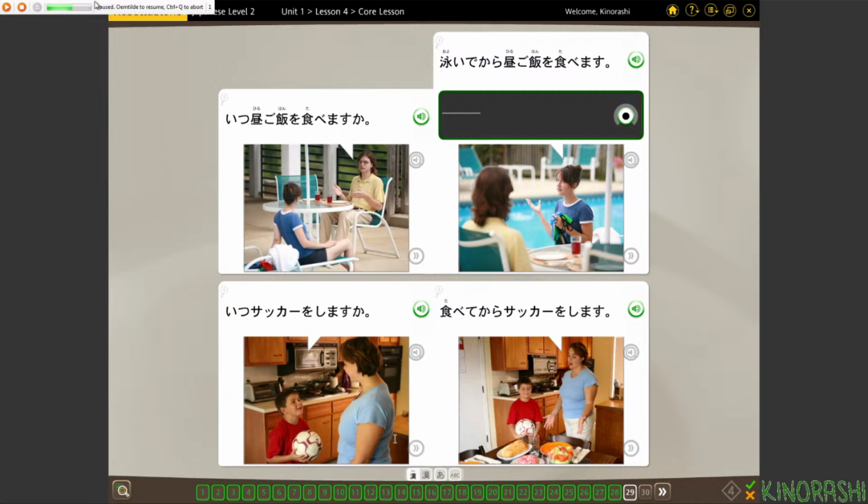And then the response is Oyoide kara hiru gohan wo tabemasu.